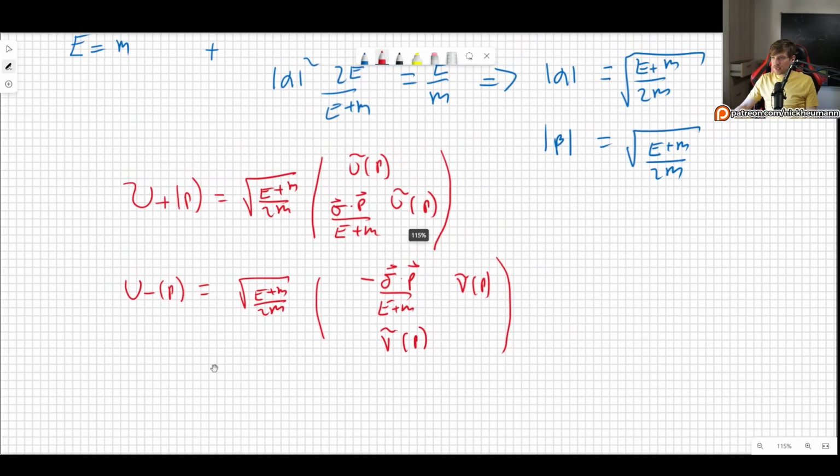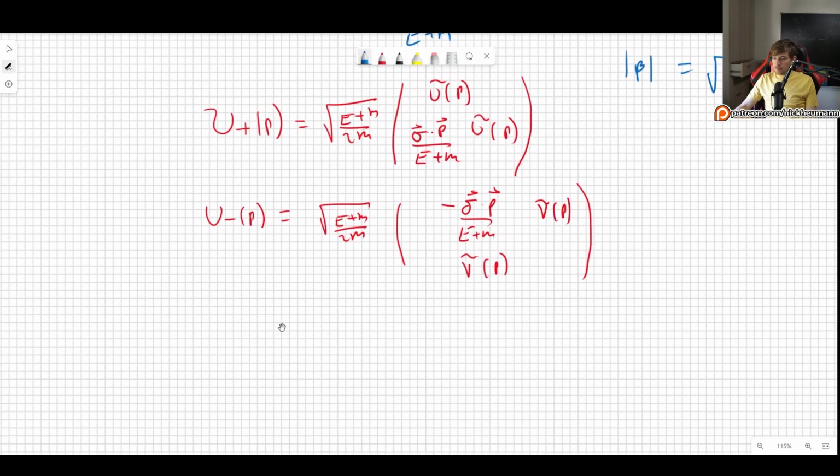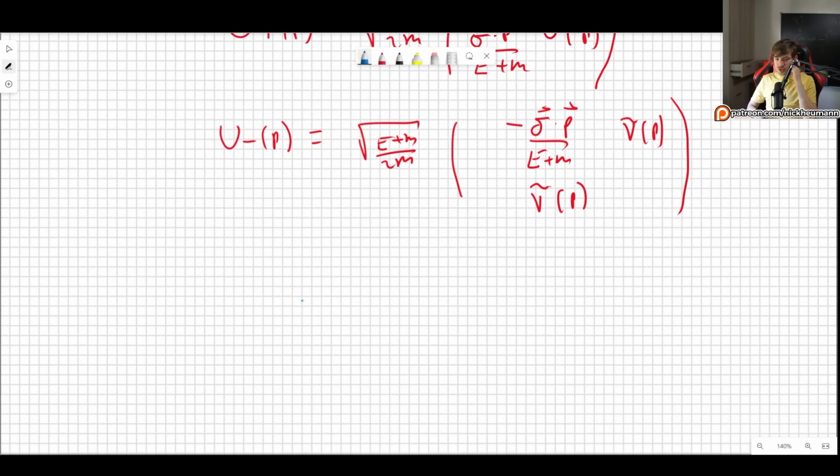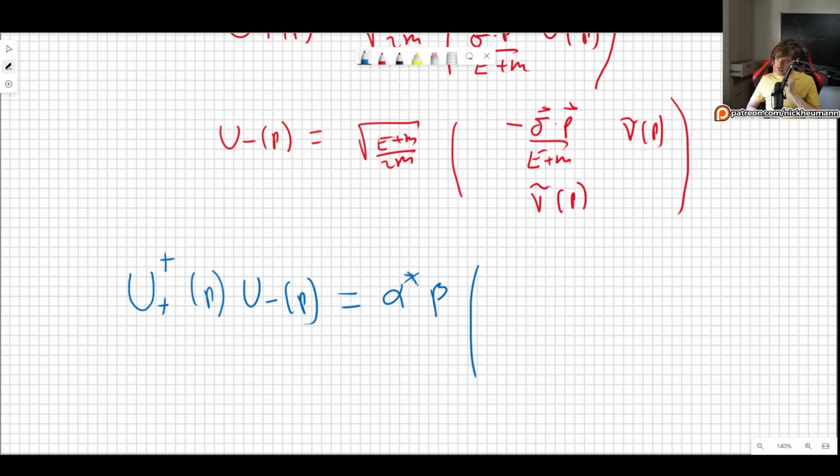Now, notice something that is quite interesting, that from the way that we constructed our solutions, the product between positive and negative energy states is going to be the following. So if we have the plus case and we multiply by the minus case, of course, we need to take the Hermitian adjoint to do this. Otherwise, the matrix multiplication is not going to make much sense. In this case, this would be alpha conjugate beta, so alpha conjugate coming from this, beta coming from that.